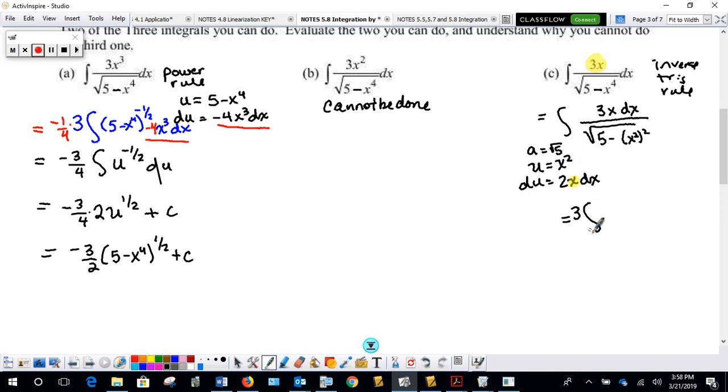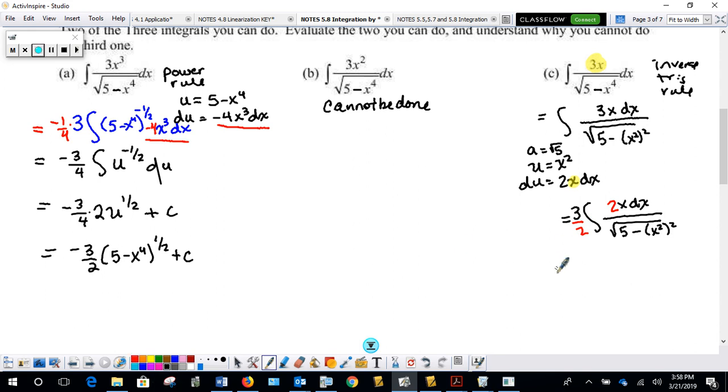We'll pull the 3 out. The x dx is missing a 2, so I'm going to need a corrector. Square root of 5 minus x squared squared. I add in my corrector, so I'll do that in a different color. I put in my 2. I'm going to take out my 2.